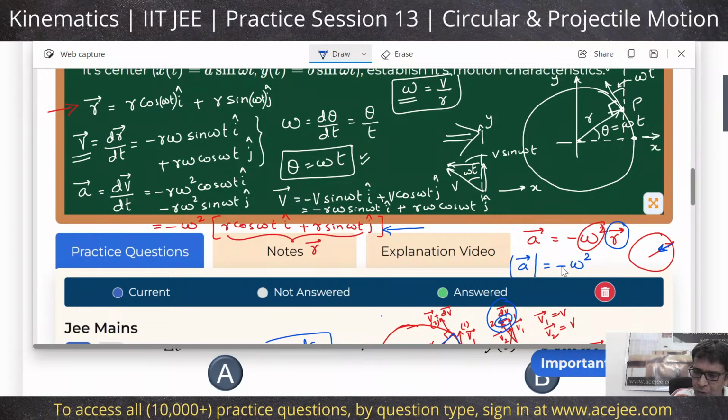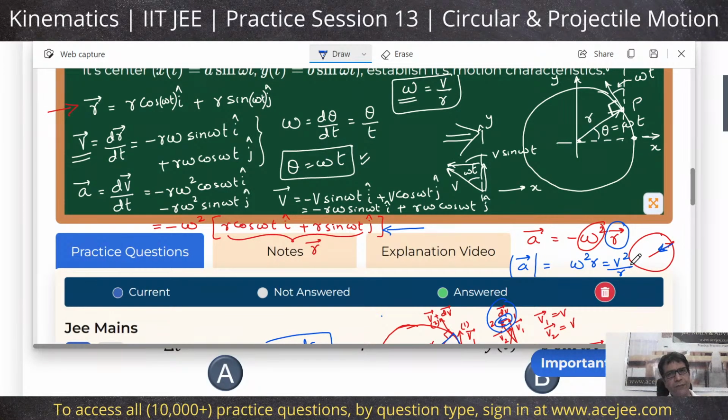Or in fact, let's not even worry about the minus sign. So I'm going to say omega square r. What is omega? Omega is v by r. So we get v square by r, no? Just check and convince yourself. Yes, Peter? Yes, sir. Okay.